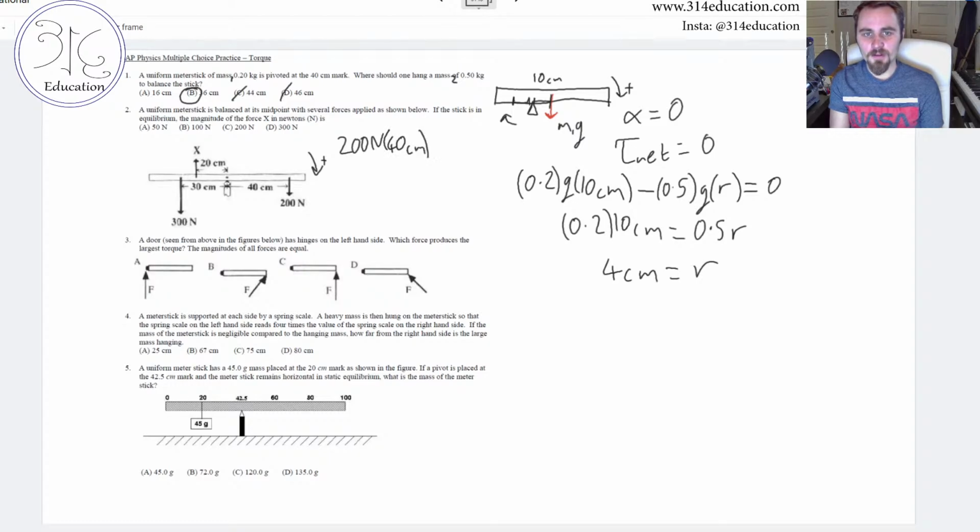And then we have, also in the clockwise direction, the positive force X at 20 centimeters. And then we have a negative, because the only force trying to rotate us to the left is this 300 newtons, and that's trying to rotate us in the counterclockwise direction, and that is being applied 30 centimeters from our fulcrum.